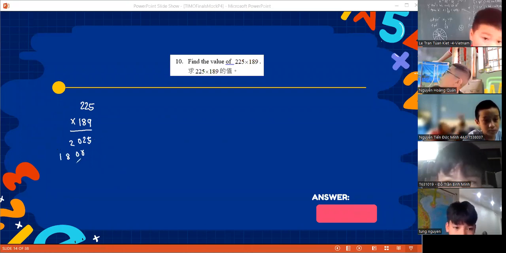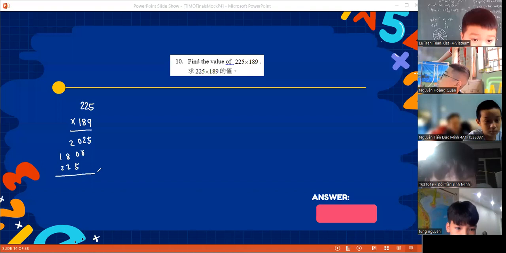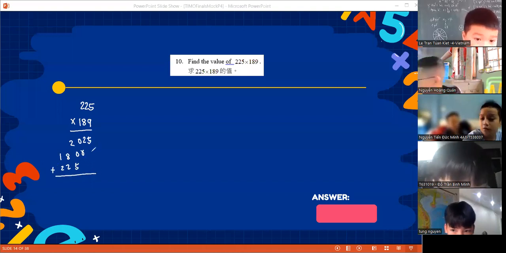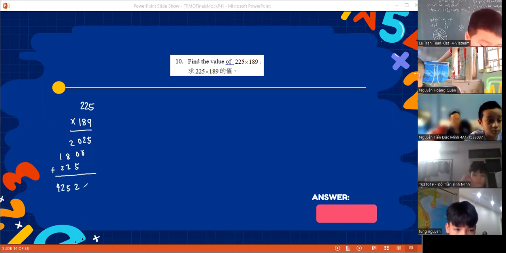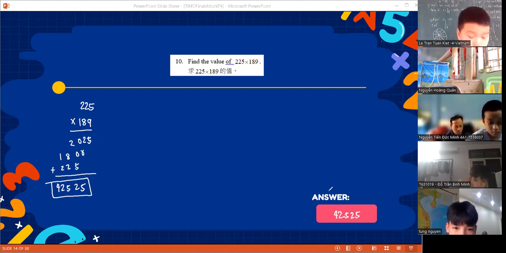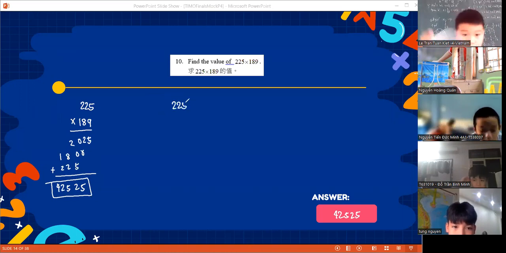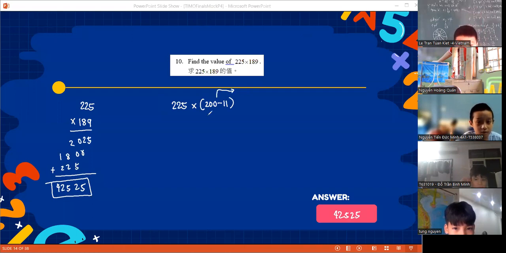So when you do this manually, correct, it's going to be 42,525, right? So the answer should be 42,525. I can show you a different solution, because you can write it as 225 times 200 minus 11. This is the value for your 189, right?